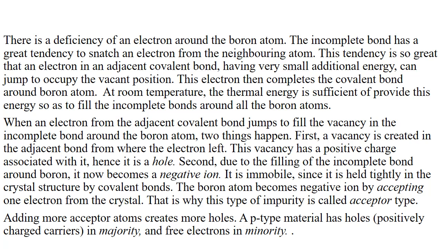So holes are majority charge carriers in P-type and electrons are minority charge carriers. Because the dopant is trivalent with 3 electrons, we call it an acceptor type because it has the potential to accept an electron.